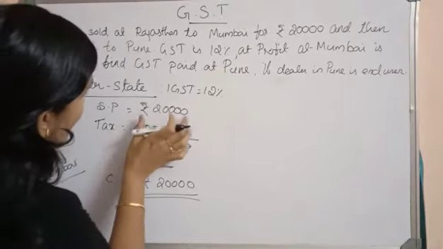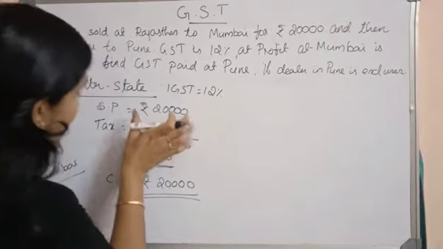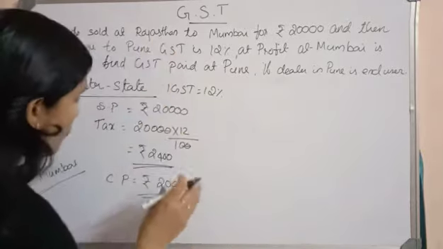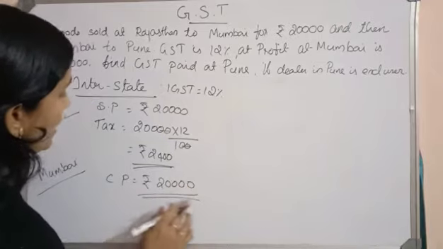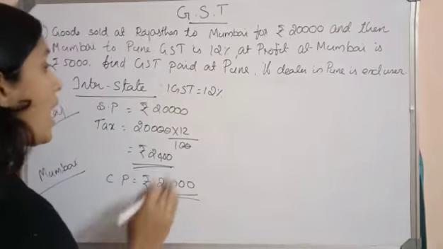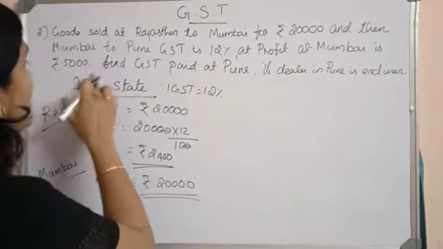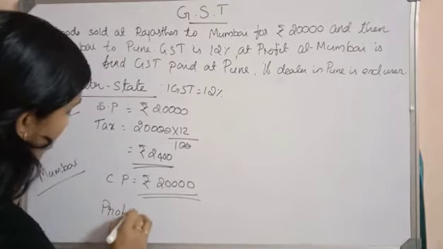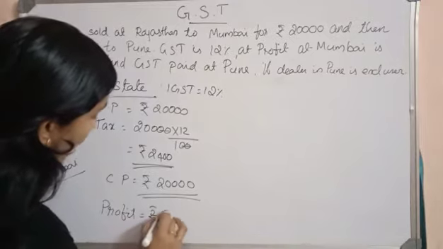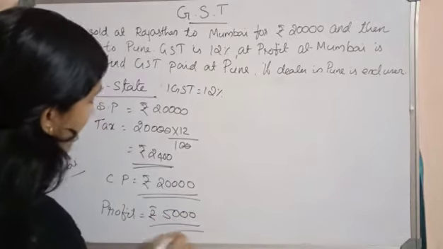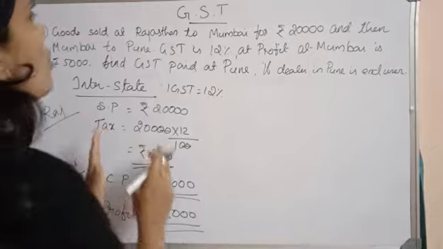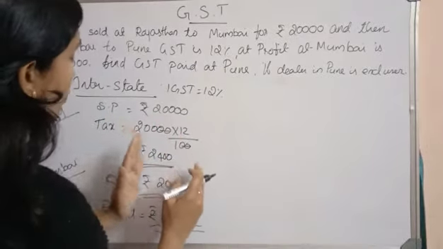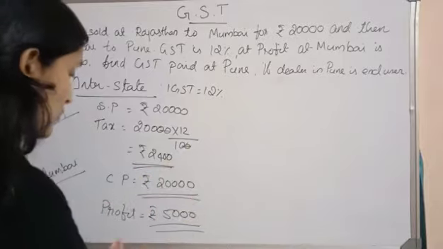The selling price at Rajasthan is 20,000 and the sale is happening from Rajasthan to Mumbai. Therefore, the cost price at Mumbai is rupees 20,000 itself. And in Mumbai, a profit of rupees 5,000 is being made. So, the profit is equal to rupees 5,000. And the goods are sold to Pune with a price of rupees 25,000.